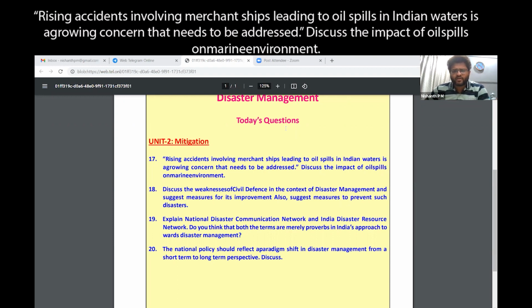Second thing, if there is an oil spill, the local population is severely disturbed because this oil tends to come to the shore and damage the coastal areas. And another thing, oil spill has a long lasting impact on the quality of water, because oil doesn't dissolve into water. We all know that.